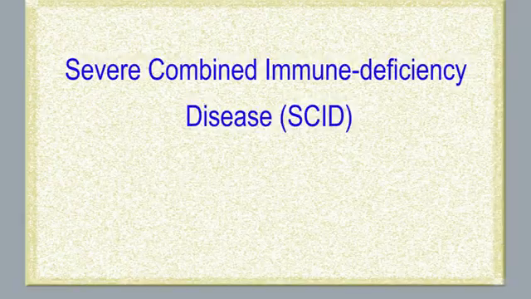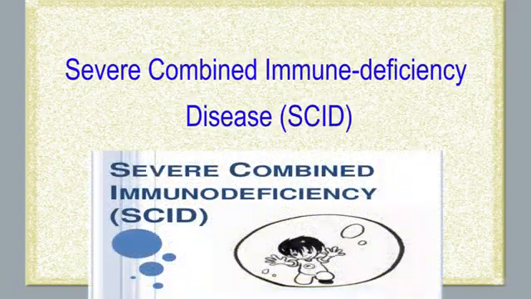One of the classical examples of ex vivo gene therapy is the treatment of severe combined immunodeficiency disease. This disease was treated by correcting the ADA gene.